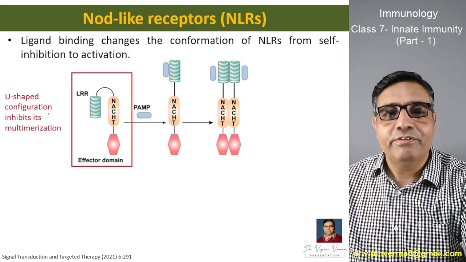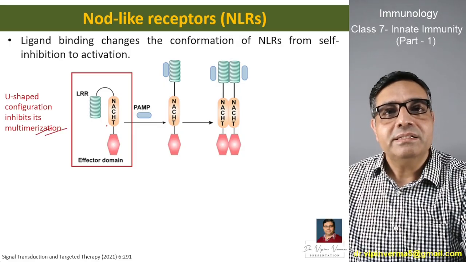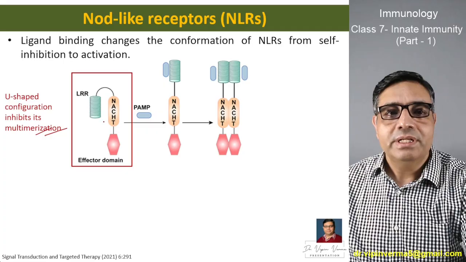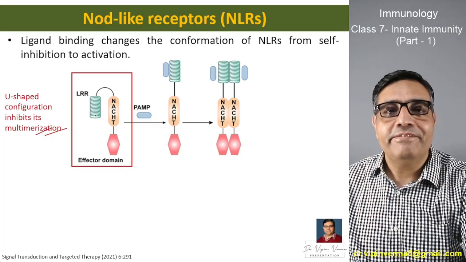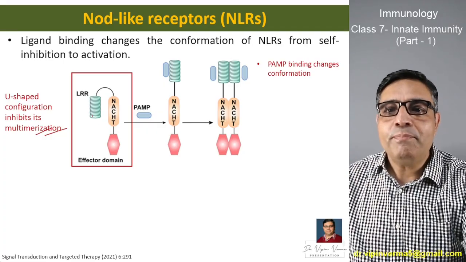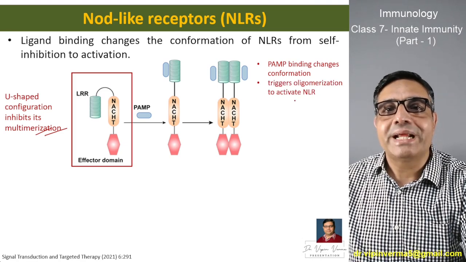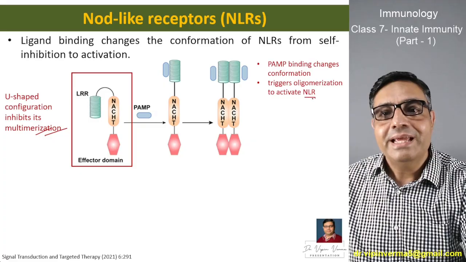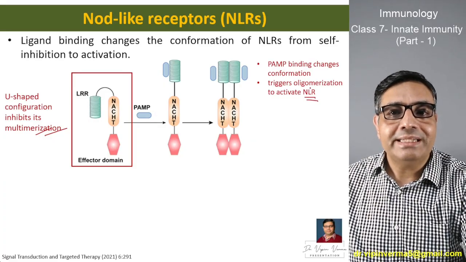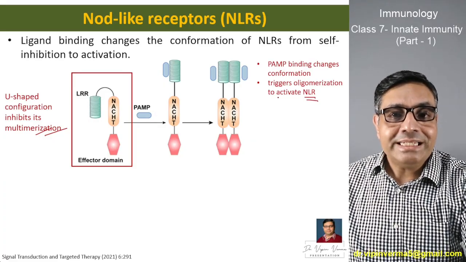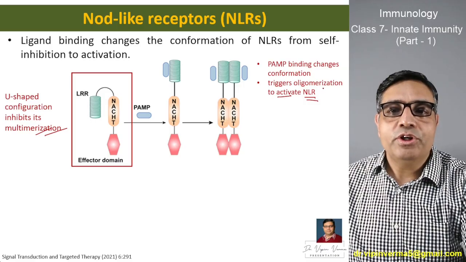The U-shaped configuration inhibits multimerization, so it remains a single entity. But PAMP binding changes the conformation and triggers oligomerization to activate the NLR. It is important that to activate, we need this oligomerization.